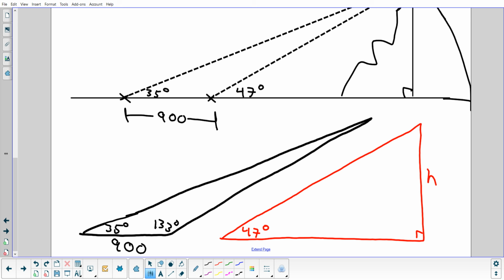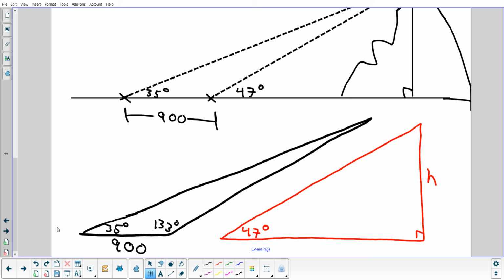The black. Yep. I can get that other angle in the black one because I know 2 out of 3. And then, once I have that other angle, I will know an angle and I'll know the side across from it. Now you can do law of sines on the black triangle. Is that going to be the height of the mountain? No. But it could help you figure something out that could then be used to find the height.